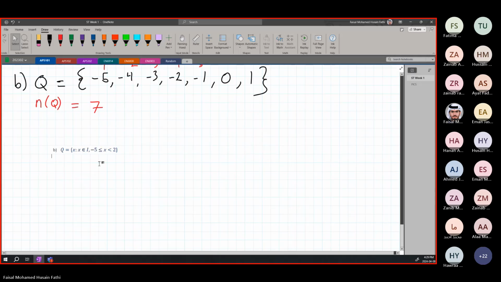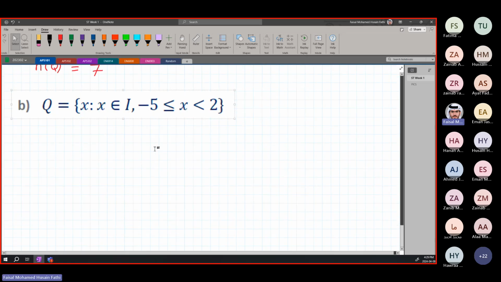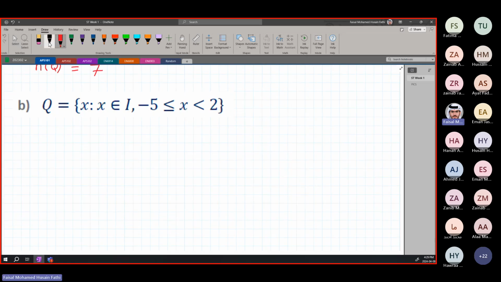So I need you guys to understand this notation. It's very important in statistics because this is how they would write things, all right? So here we have x, where x is an element of I, so it's an integer. Integer meaning 1, 2, 3. And then we have this condition given.